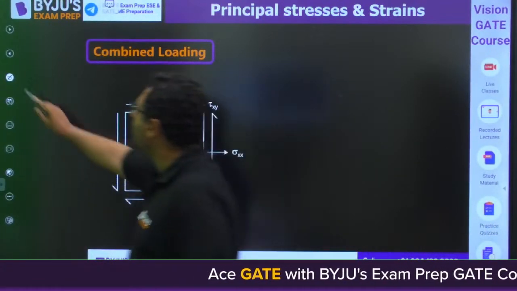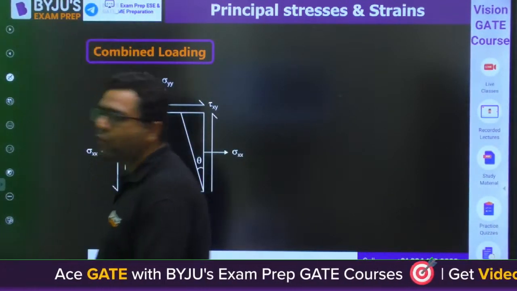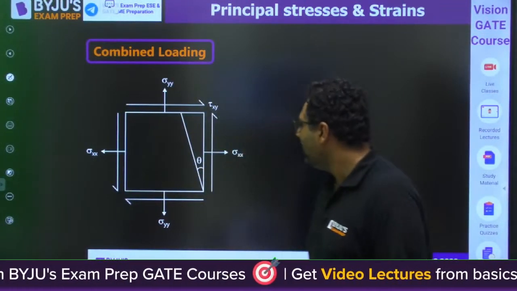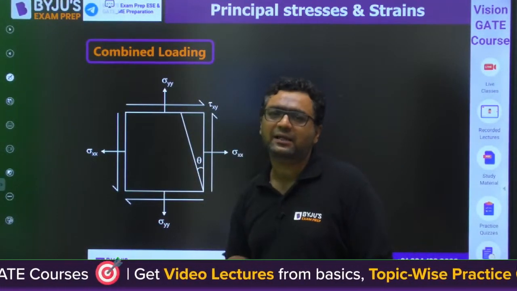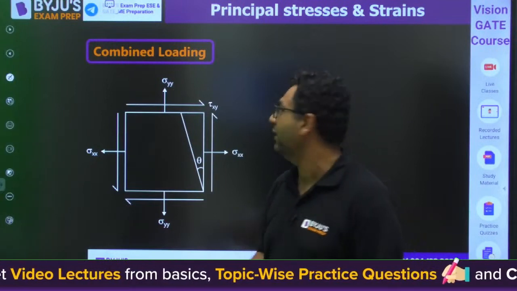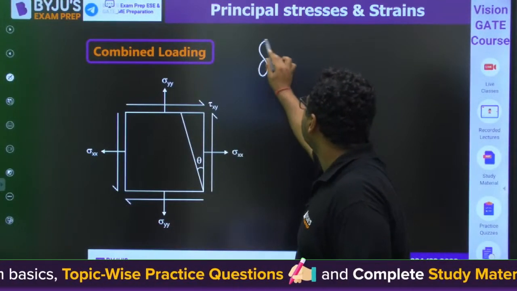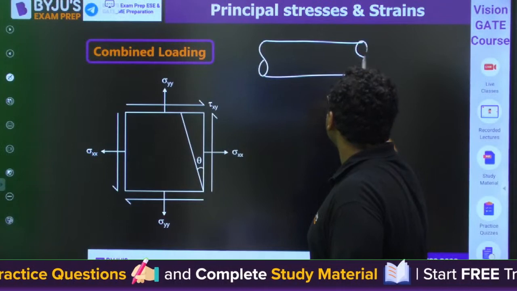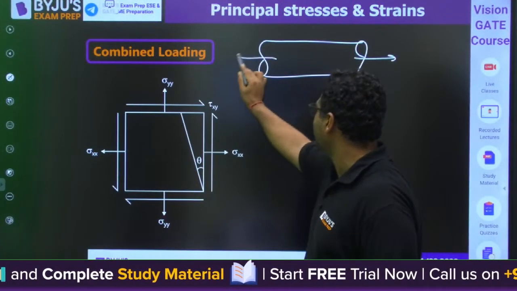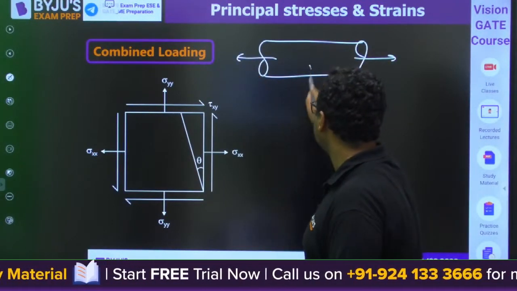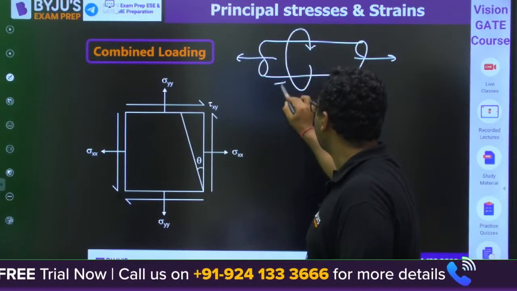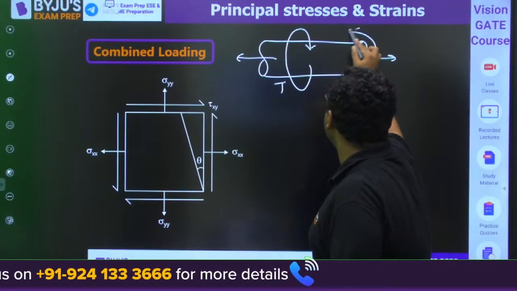Now previously we were talking about uniaxial loading. Now we are talking about combined loading. If normal and shear stresses are acting together, we call it combined loading. Let us assume we have a member which is subjected to some axial loading, some twisting moment, and some bending moment.